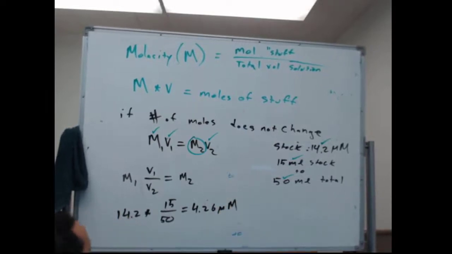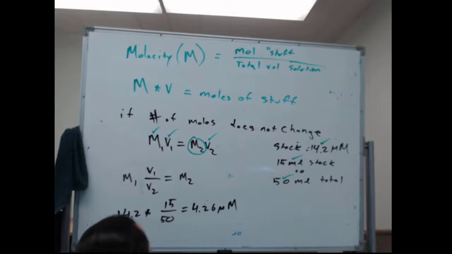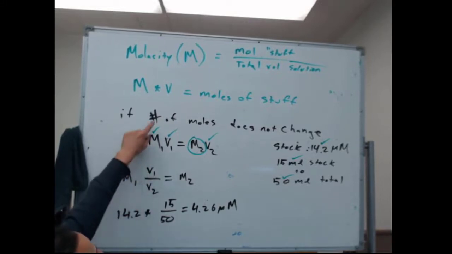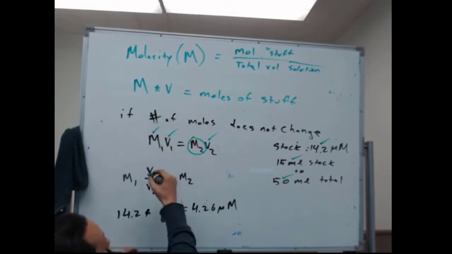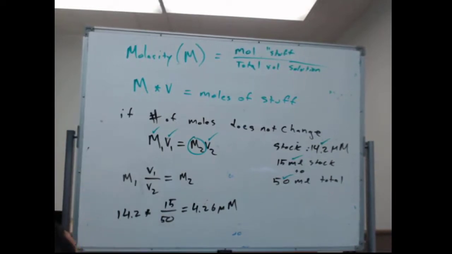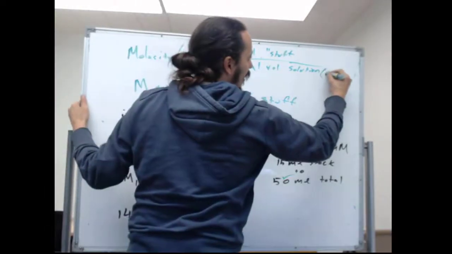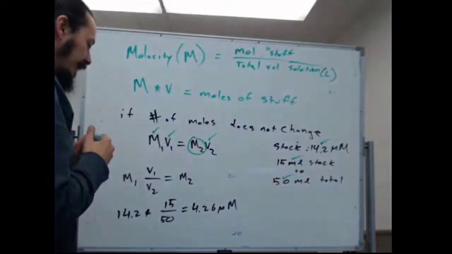Notice that because I had this in micromolar, I get it in units of micromolar. Technically, normally when we look at our volumes, it's going to be in volumes in liters. Forgot to mention that earlier. We usually have this in liters for our standard definition.